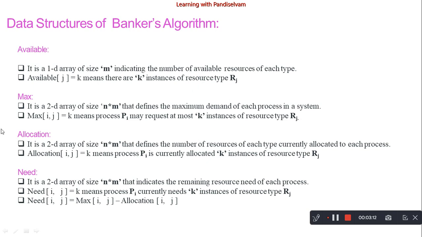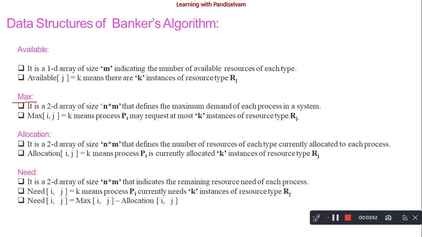These are the data structures for Banker's algorithm. There are four data structures: available, maximum, allocation, and need. Available indicates the number of resources currently available. Maximum: suppose we are creating one process, P1; what are the maximum resources needed for P1?